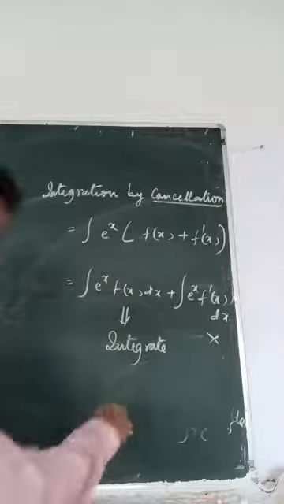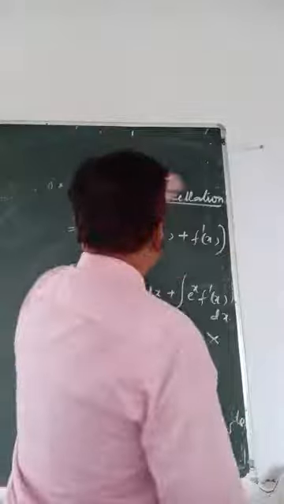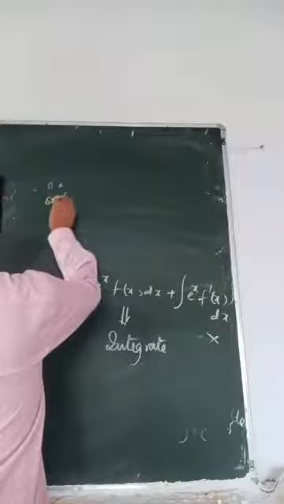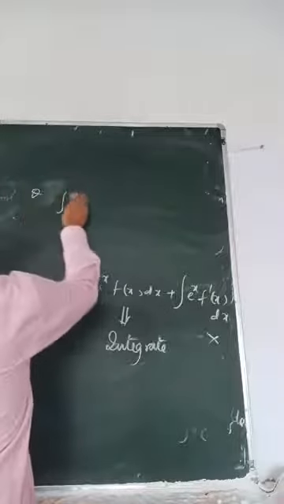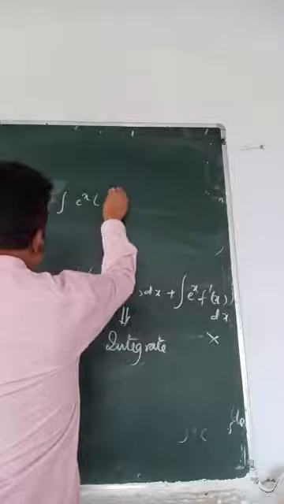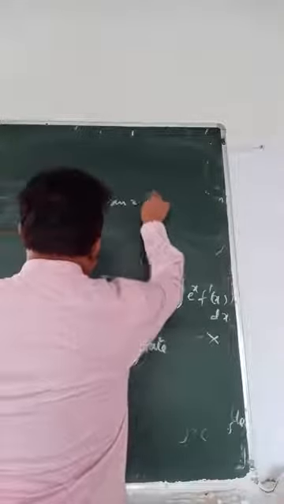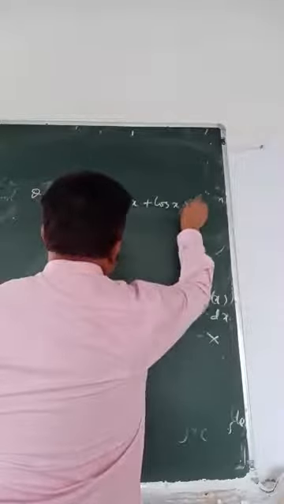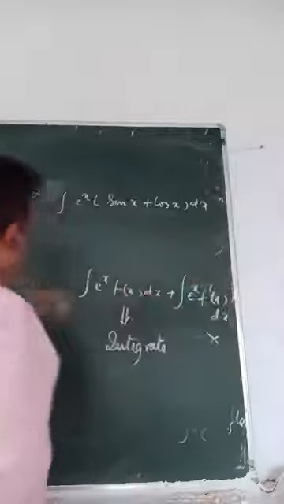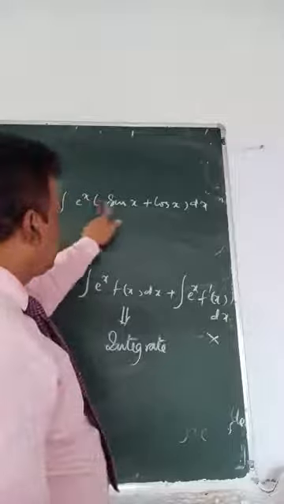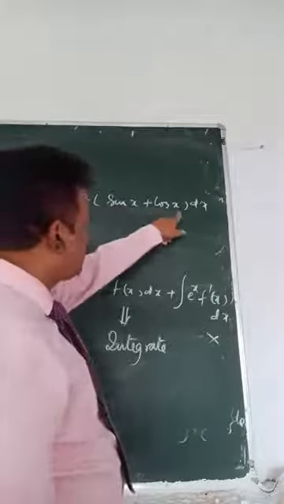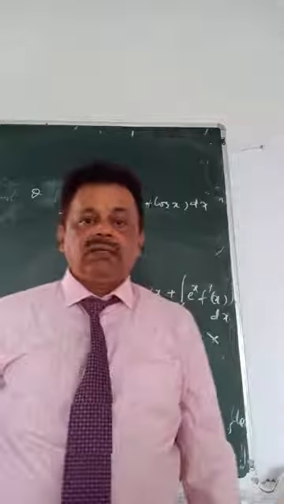Question is, suppose I will start with a simple question here. Integral of e to the power x into sin x plus cos x. So check, once you get e to the power x, check the derivative, derivative of sin is cos. That means it will go by cancellation method.